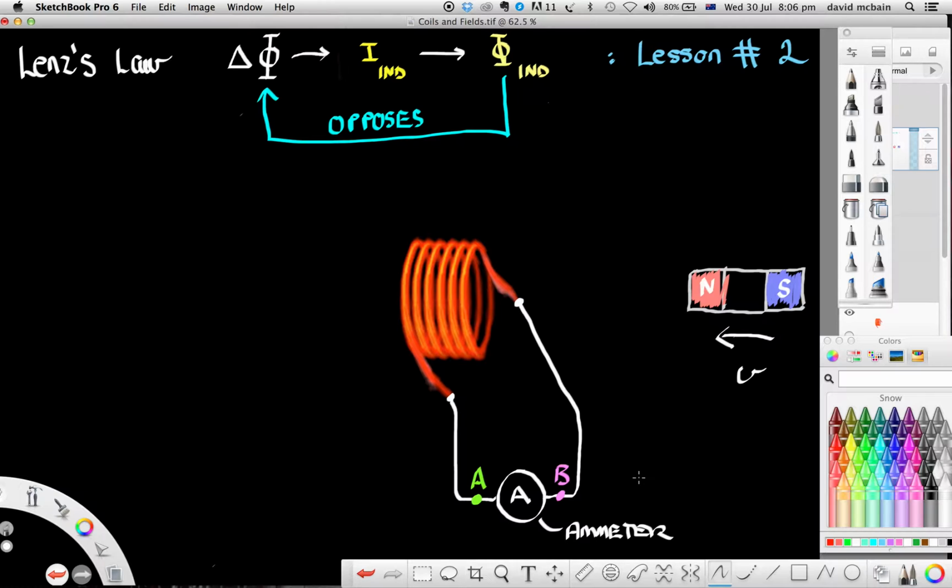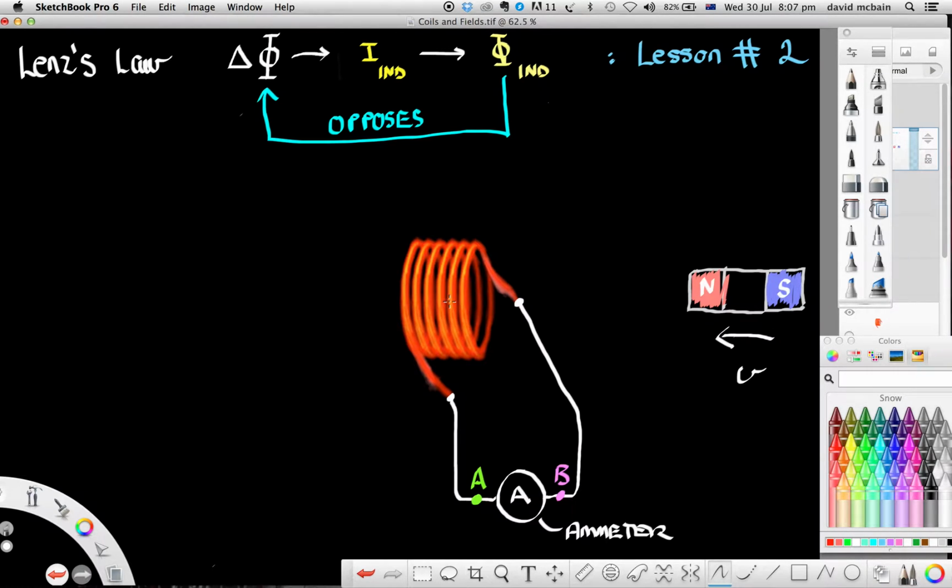And the question we're going to ask is this: as our magnet moves closer to the coil, in which direction will a current appear in this coil? This coil is going to induce a current to oppose the change that's being caused by this magnet as it approaches the coil. That current is going to produce its own flux to try to oppose what this magnet is doing.